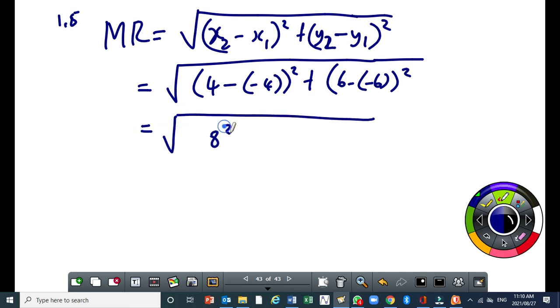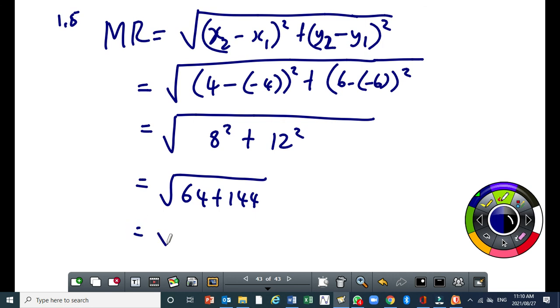So you get 8 squared plus, that's 6 plus 6, that's 12 squared. So you get 64 plus 144, and this gives you the square root. Before you simplify to surd form, 64 plus 144, that will be 208, and then the square root of 208.